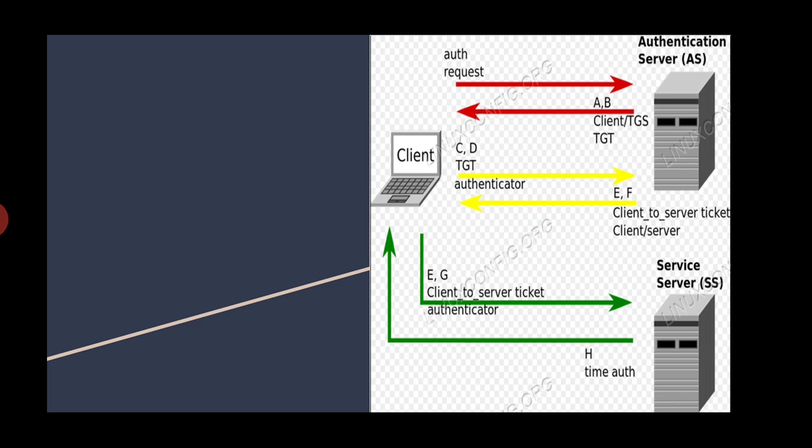Then it verifies the alias proxy credential and sends a response to the client. That is the concept of trust delegation among multiple parties in sequence.